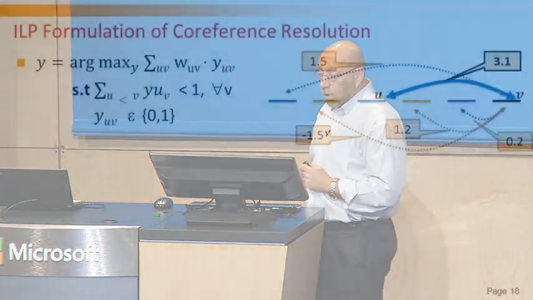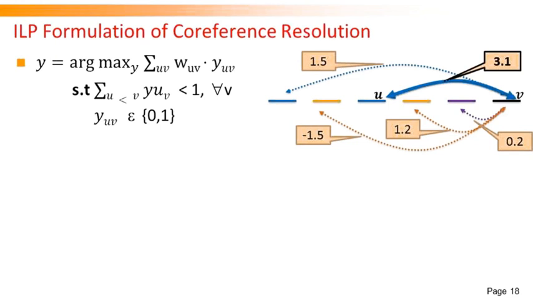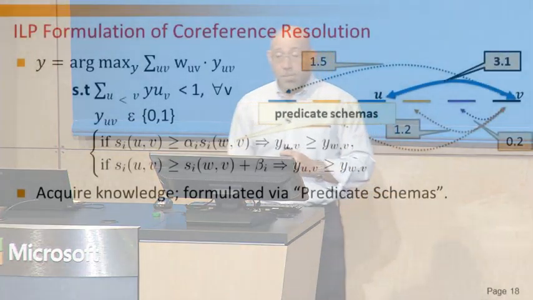Essentially this is what is called the best-link approach, where when you sit on a mention, you consider which of the things on my left is the best one to link to. We're going to augment this with a collection of what I call predicate schemas.